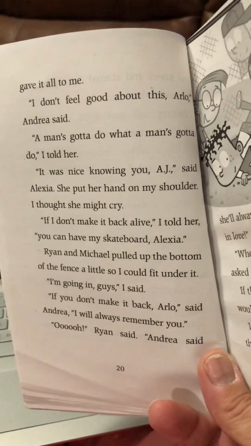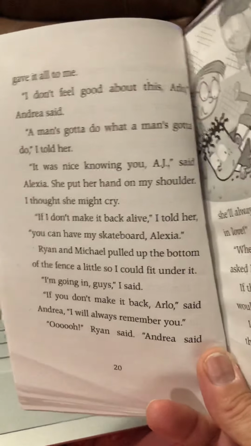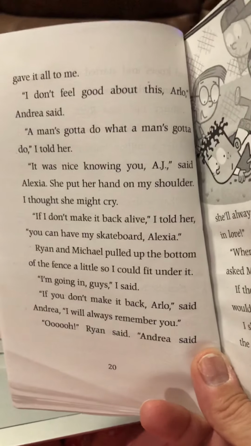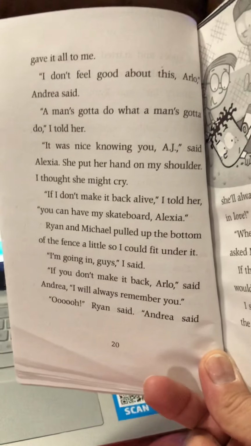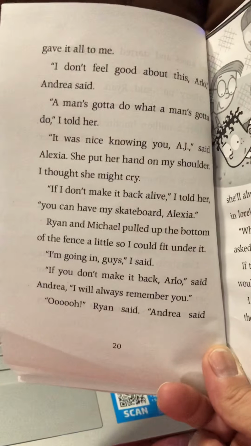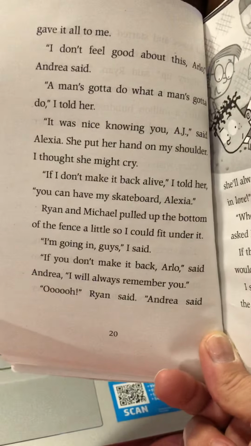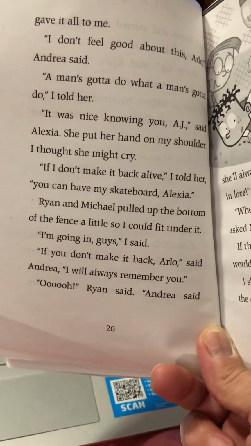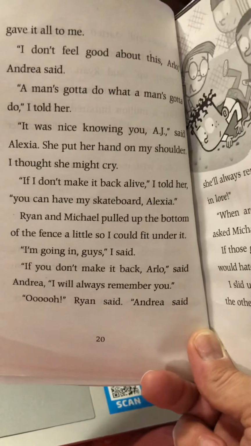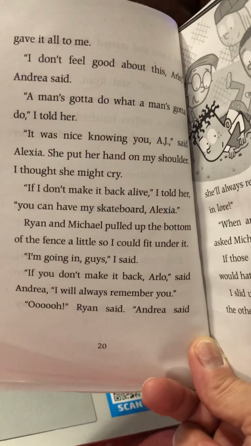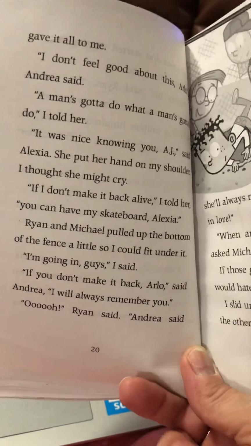If I don't make it back alive, I told her, you can have my skateboard, Alexia. Ryan and Michael pulled up the bottom of the fence a little so I could fit under it. I'm going in, guys, I said. If you don't make it back, Arlo, said Andrea, I will always remember you. Ooh, Ryan said.